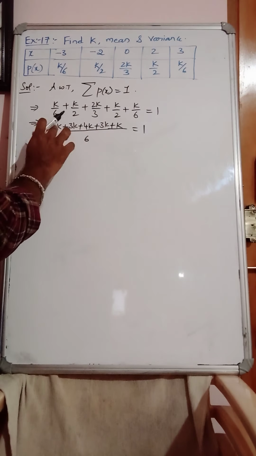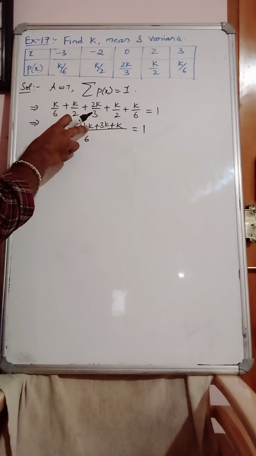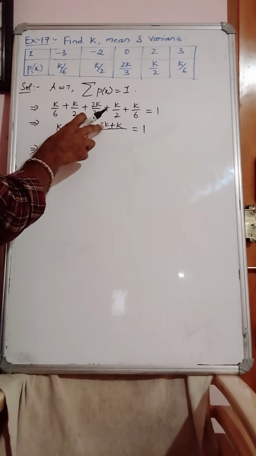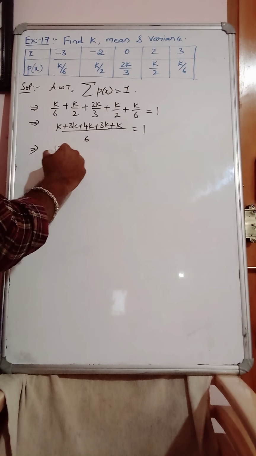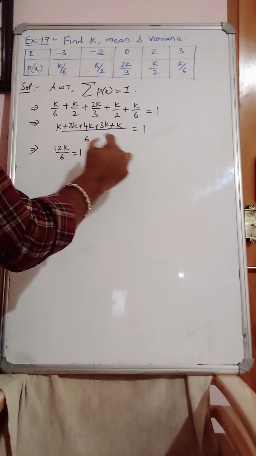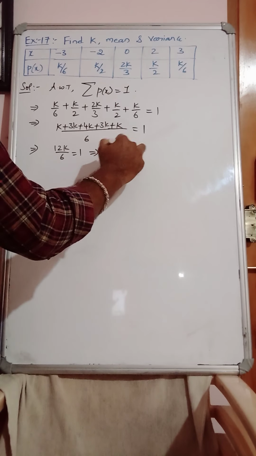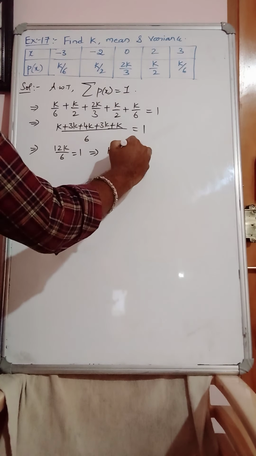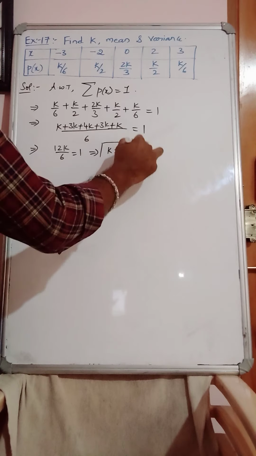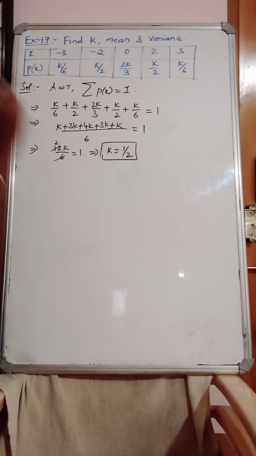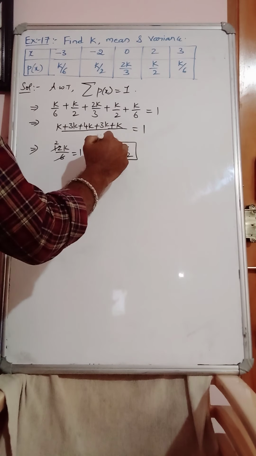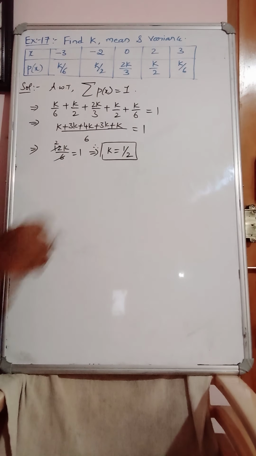That equals k plus 3k, 4k, 4 plus 4, 8k, 8 plus 3, 11, 11 plus 1, 12. 12k by 6 equals 1. That is k equals 1 by 2. So k equals 1 by 2.